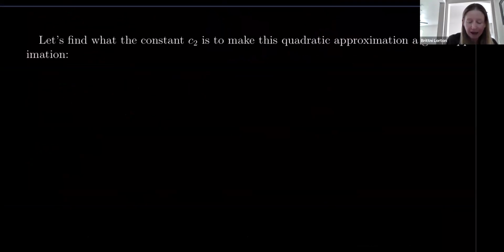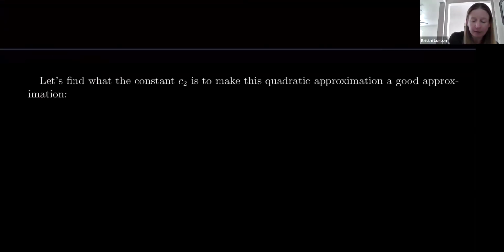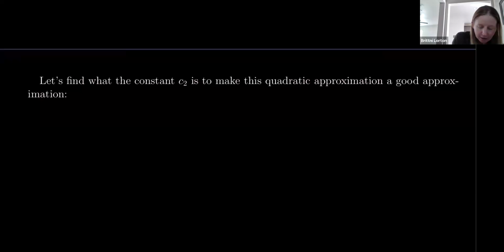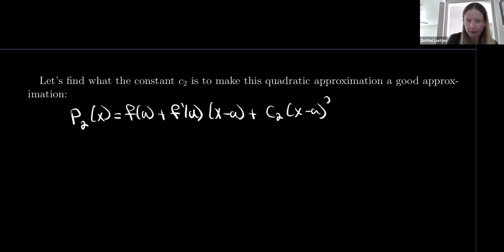Let's figure out what that c2, that second coefficient in my quadratic approximation, should be. So I'm going to write down what we said our quadratic approximation was, which is P2 of x equals f of a plus f prime of a times x minus a plus something times x minus a squared.